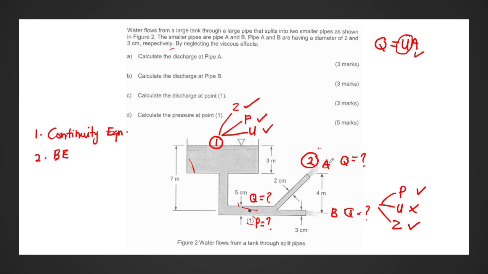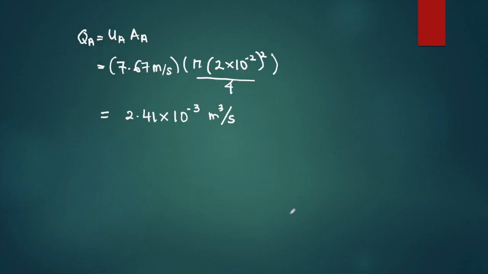You add the values for QA with QB. This total flow rate will divide into QA and QB.